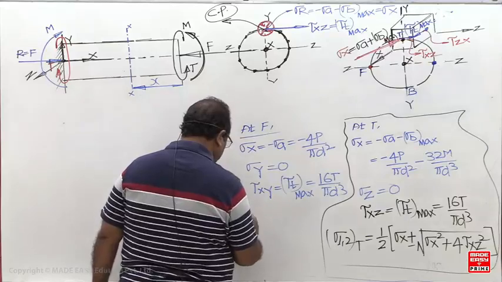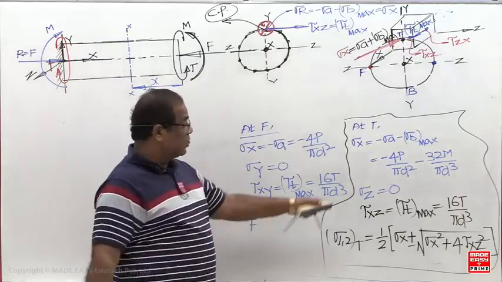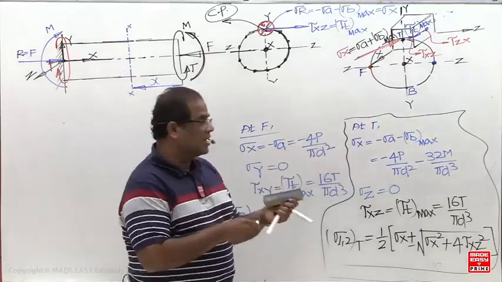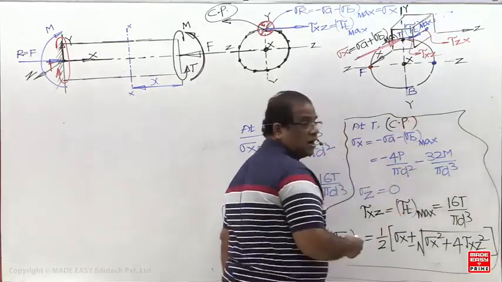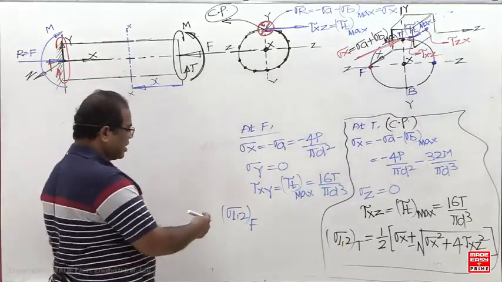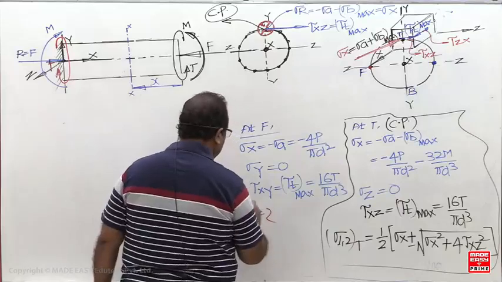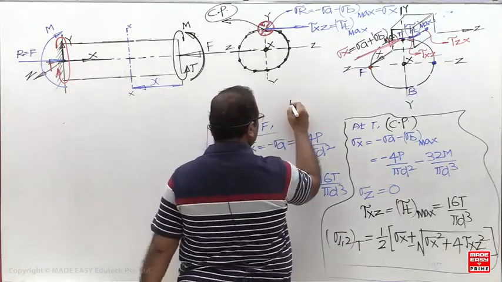Now you can find out the principal stresses once again. So point to point, the principal stresses change, but by default you have to calculate at the critical point. This is the critical point here because the resultant normal stress and resultant shear stress are maximum. Now once again you can calculate the principal stress here.